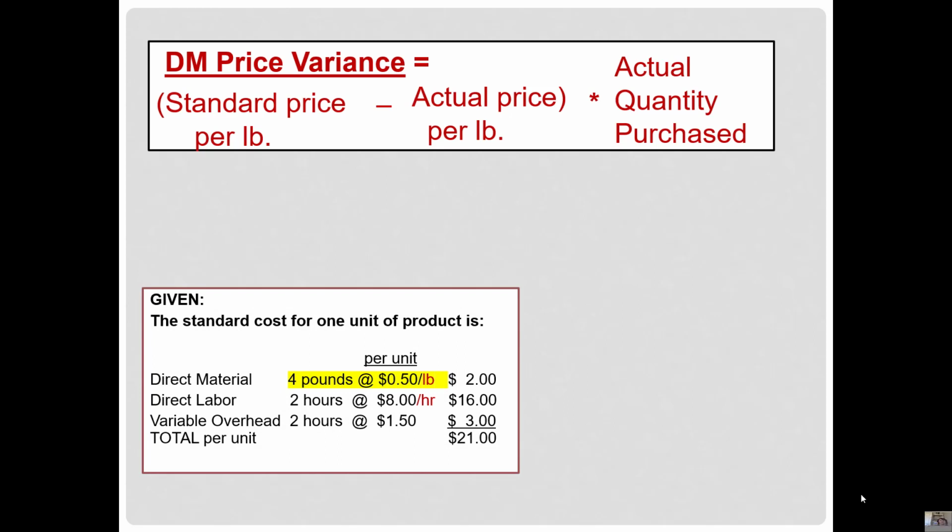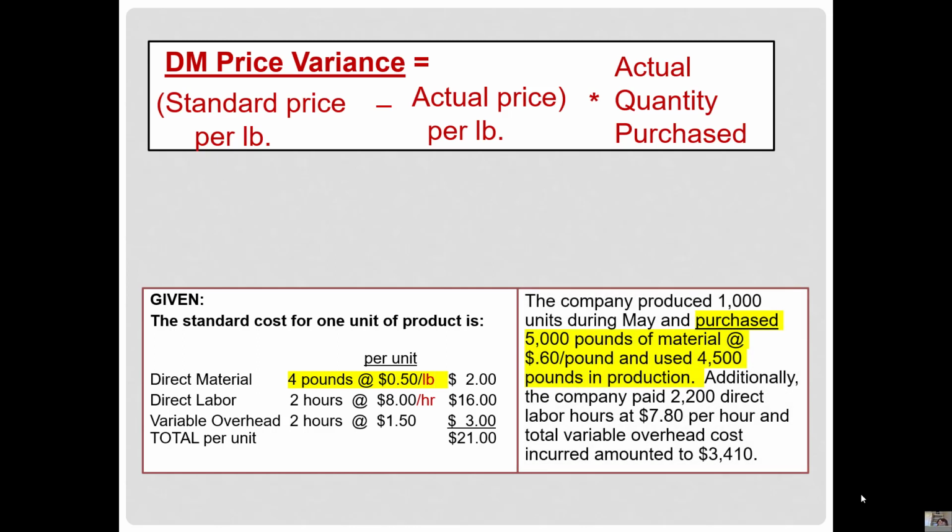Now remember, for materials, we thought that we should use 4 pounds and we should pay 50 cents per pound for each unit. And then we purchased 5,000 pounds of material at 60 cents per pound and we used 4,500 pounds. This is the information we're going to need for both of our materials variances.